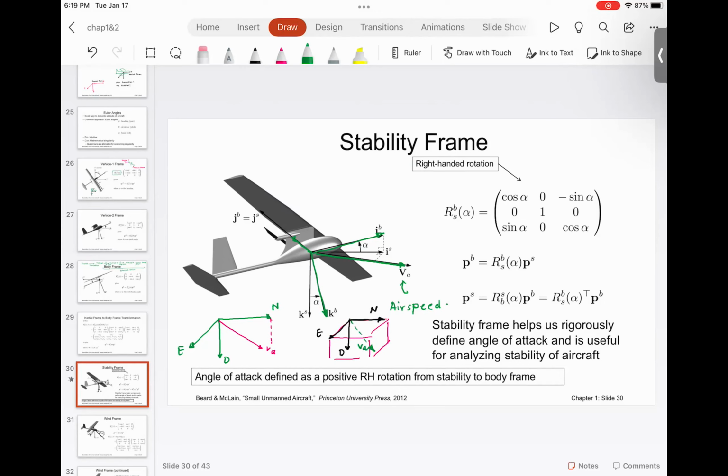If you think about it, it is around the diagonal, which means that the VA airspeed is making two angles. And what are those two angles?